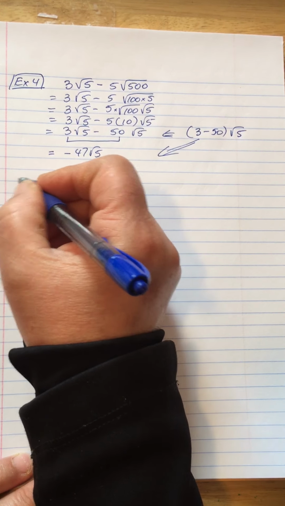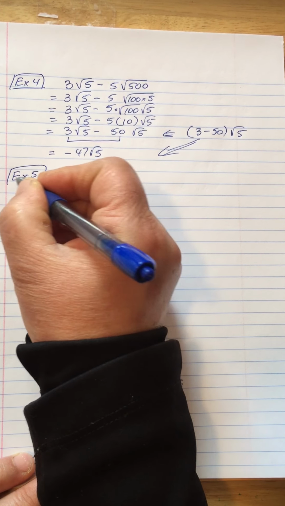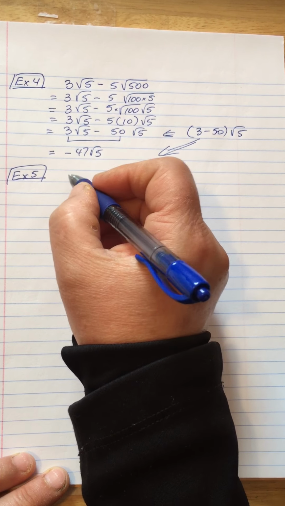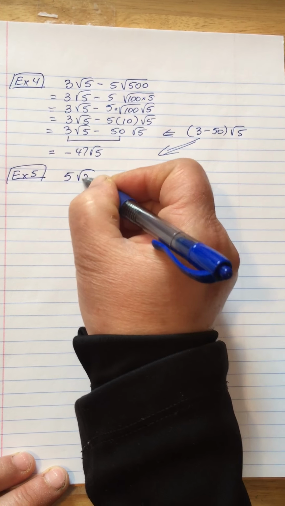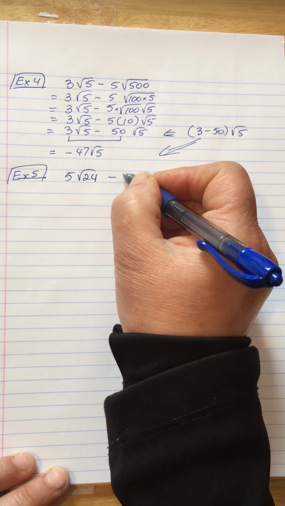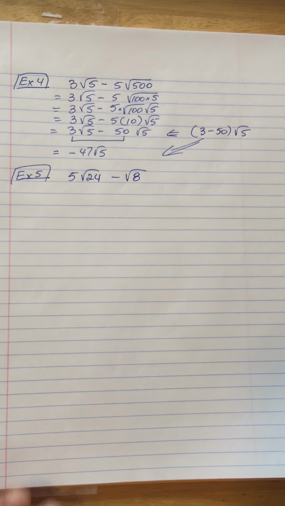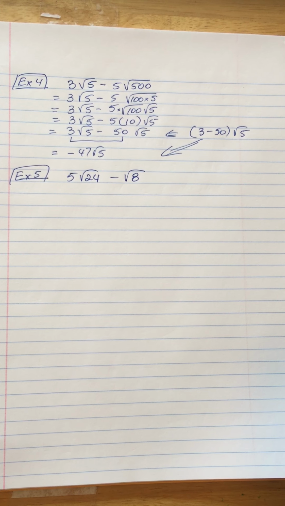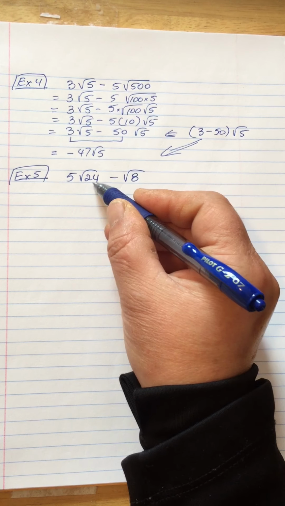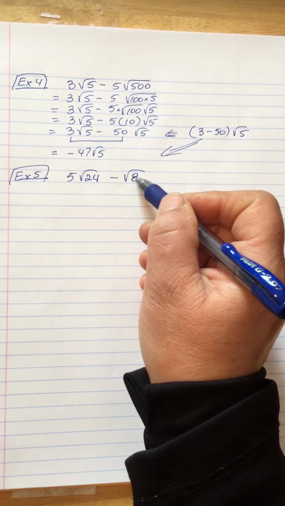Example 5. 5 square root of 24 minus square root of 8. Now let's see. 24 is divisible by 8, okay, but 8 is 4 times 2.